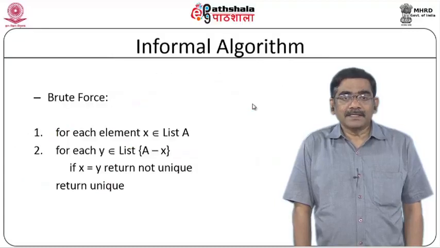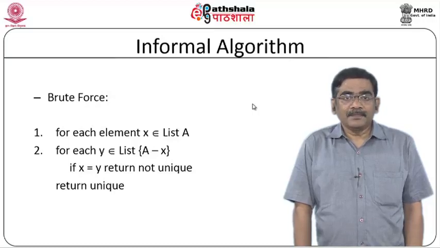We can solve this problem in the conventional manner using an informal algorithm like this. Take any element x of the list A, then check for that particular element in the rest of the list, A minus x, and if x is equal to y, then we can say that the elements are not unique.